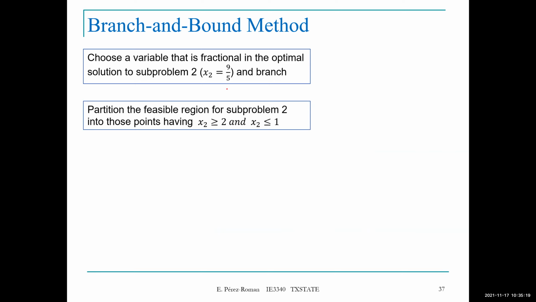Again, 9/5 is in between 1 and 2. So the branches that we are going to add for this decision variable are those associated with the integer values that are closer to 9/5. In this case, that will be x2 greater or equal to 2 and x2 less than or equal to 1.